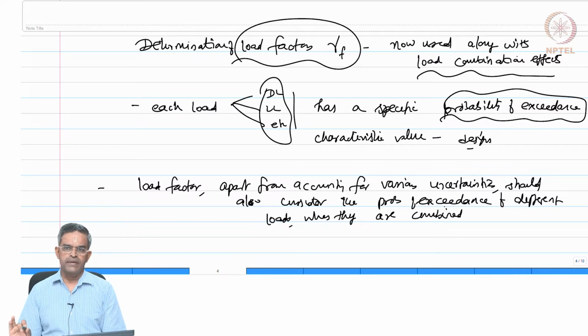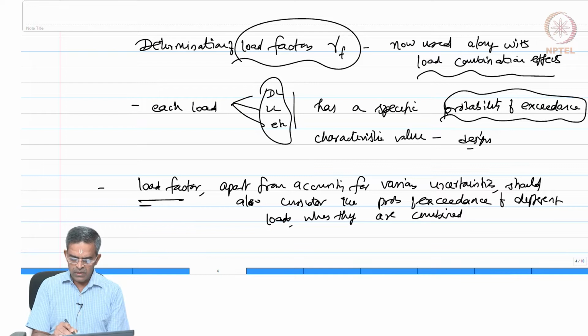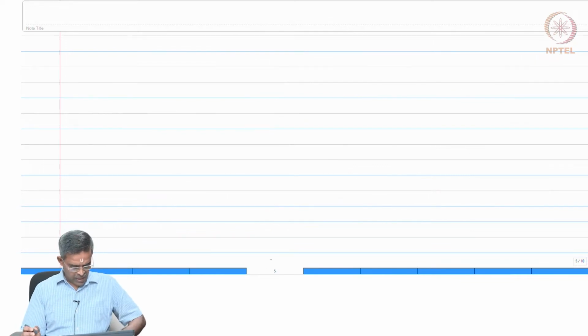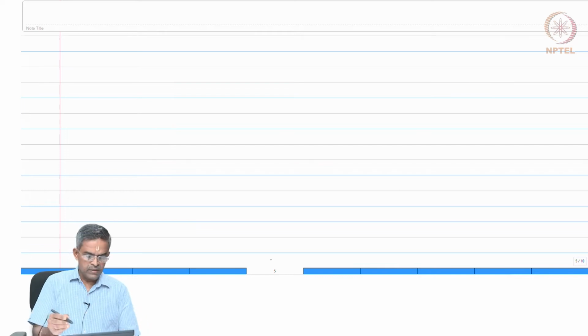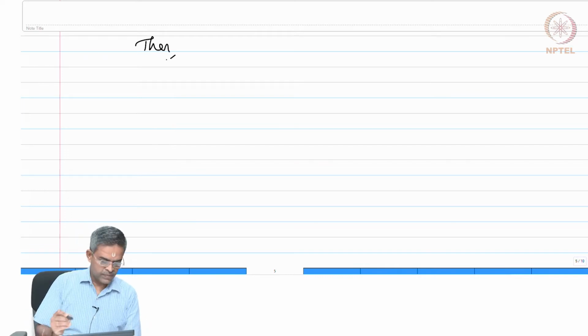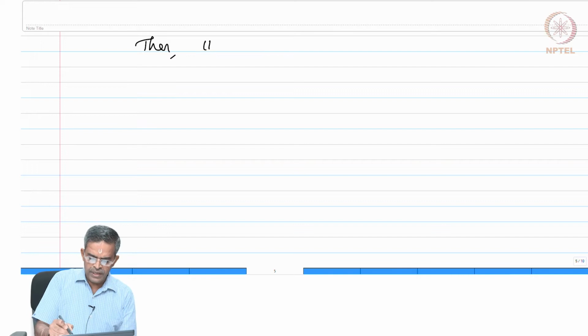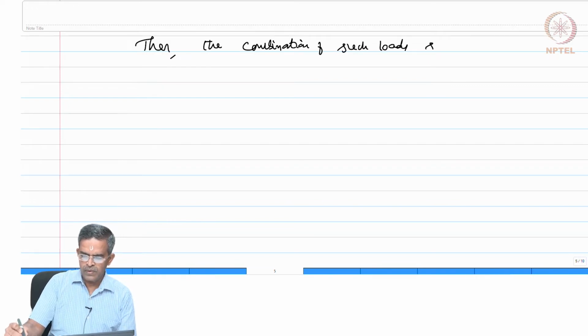Therefore, they will be combined and they will act simultaneously. So, the load factor should account for this, correct? So, if we agree on making this statement, then the combination of such loads should take the following form.